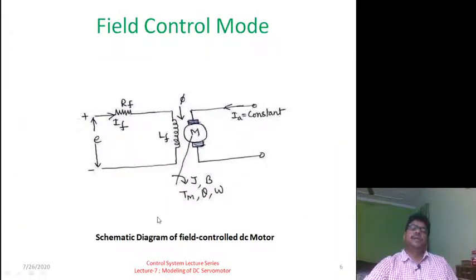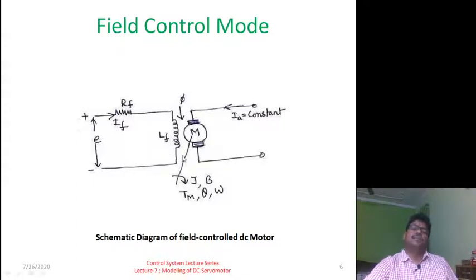This is the schematic diagram of the field control DC motor. Here you can see that the armature current is fed from a current source, that is a constant value Ia, and the field is fed with an applied voltage E, having resistance Rf and inductance Lf.